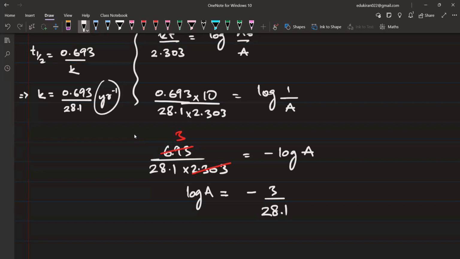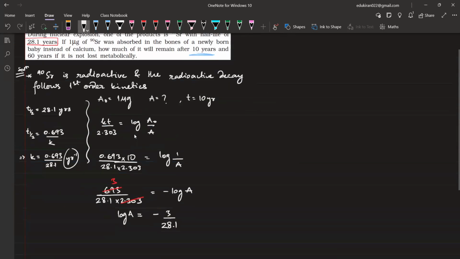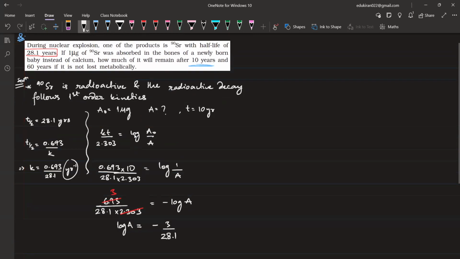3 upon 28.1. Copy this and tell me the value of minus 3 upon 28.1 in the chat.